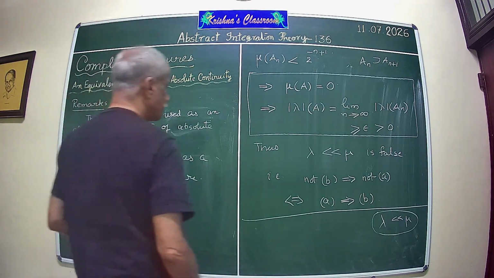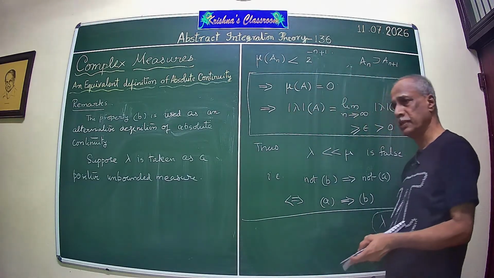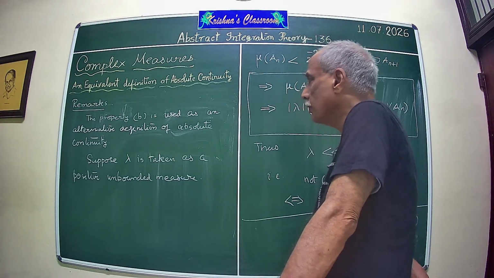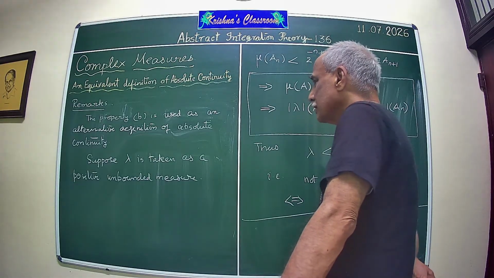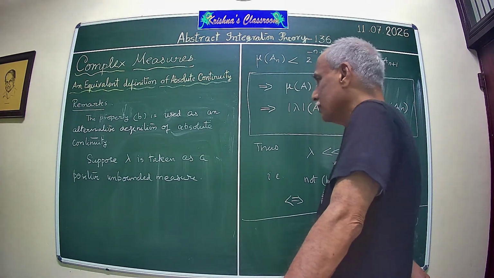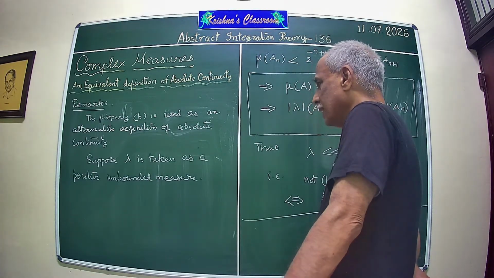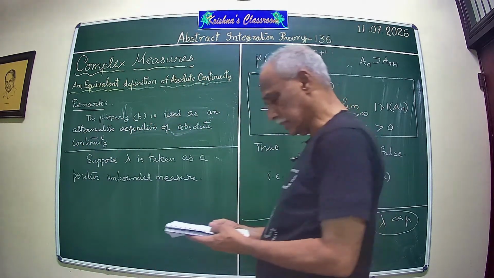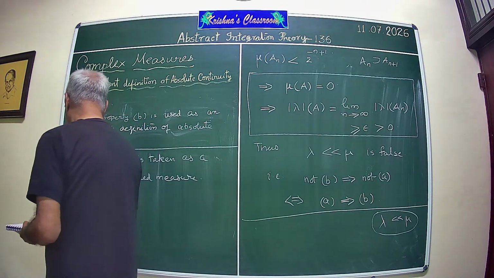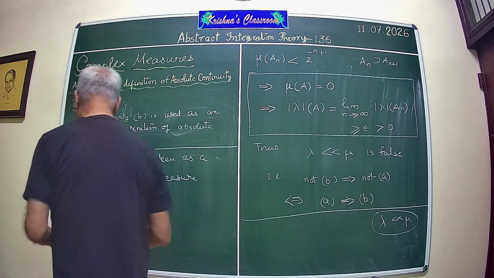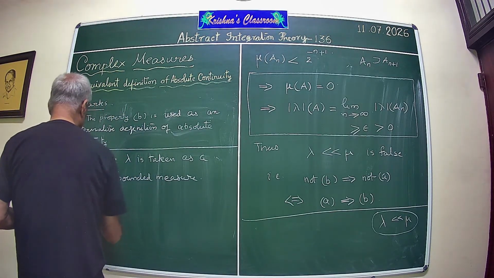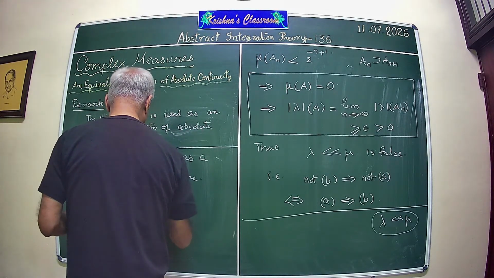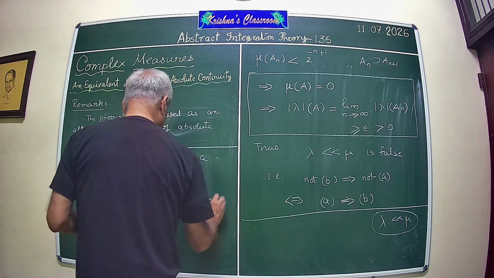That means instead of lambda as a complex measure, where it is automatically implied that lambda is a bounded measure, suppose we take it as a real measure and also a positive unbounded measure. Okay, I will give an example. Then it does not imply the statement.